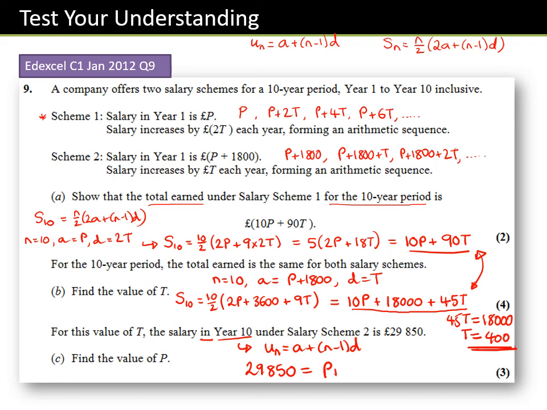That's P plus 1800 plus n minus 1, we're talking year 10, so it's 9d. And my d here for salary scheme 2 was T, so 9T. We've just worked out what T is, so we can plug that in and solve it, and that gives us that P equals 24,450.